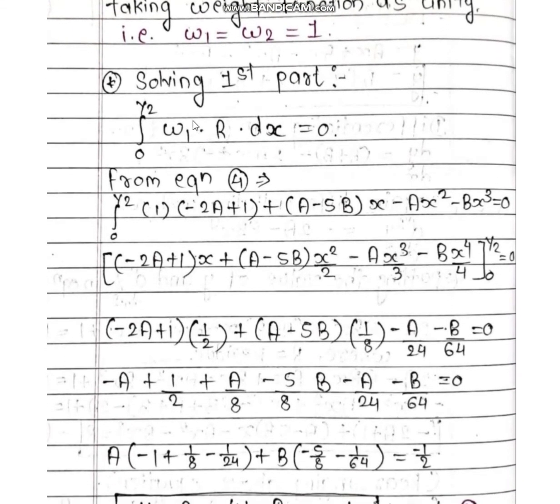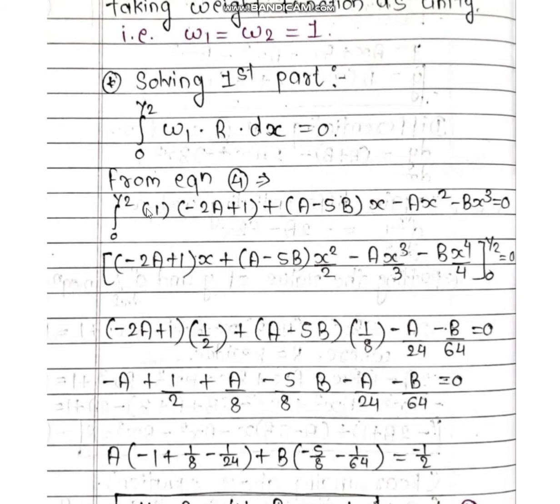So the equation of the residue is integration over the domain, weight function multiplied by residue into dx, equals to 0. So for solving the first part, the limits of the first part are 0 to 1 by 2. So we will write 0 to 1 by 2, and w1 is 1 because we have to take unity as the weight function, and r is the residue. So from equation number 4 we have to write the value of r.